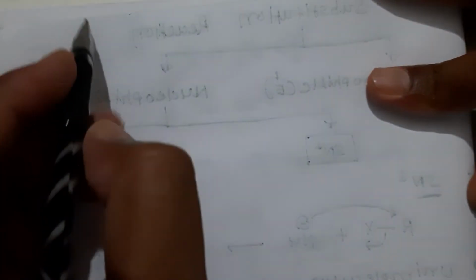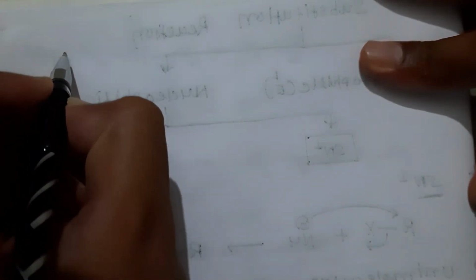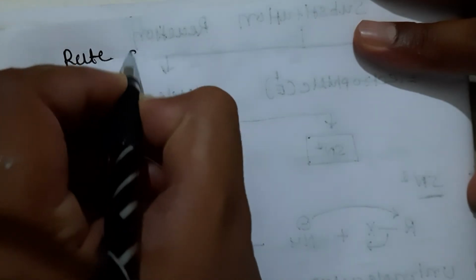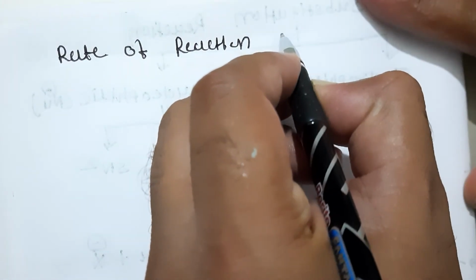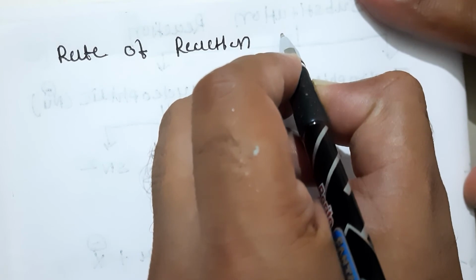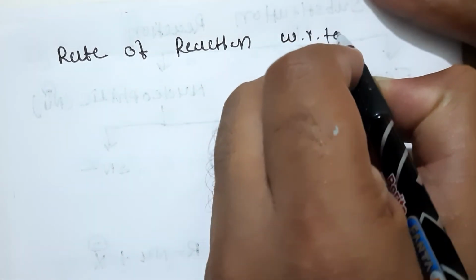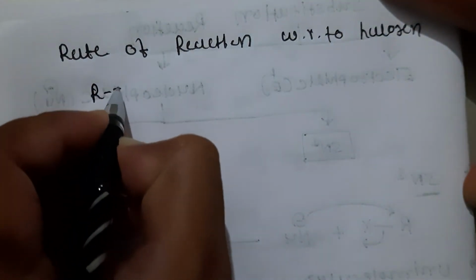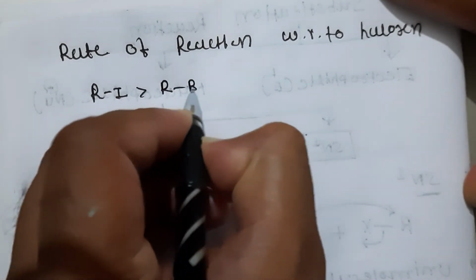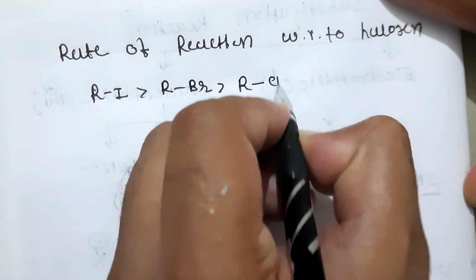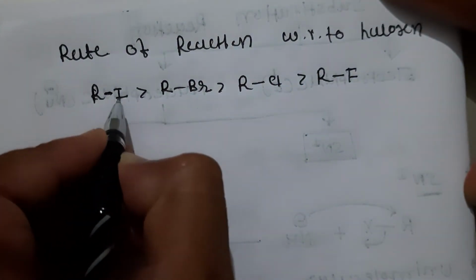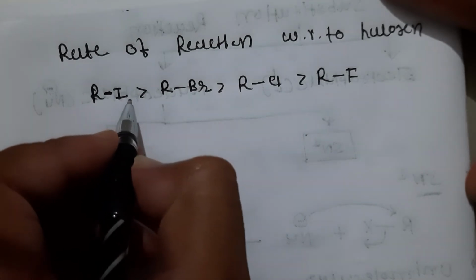Sometimes, instead of chloride, iodine may be there, and the rate of reaction with respect to halogen is that alkyl iodide reacts faster than RBr, then RCl, then RF. We already know that the bond length between the alkyl group and iodine is large, since iodine is bulky in size.